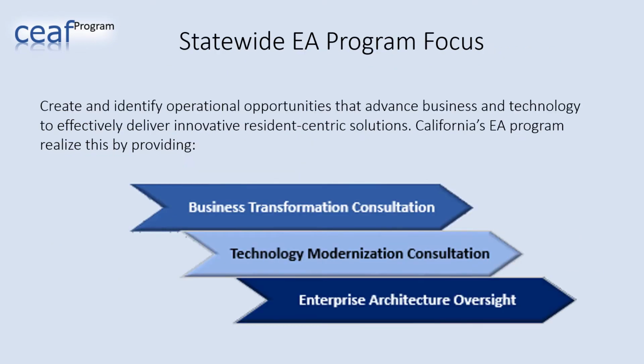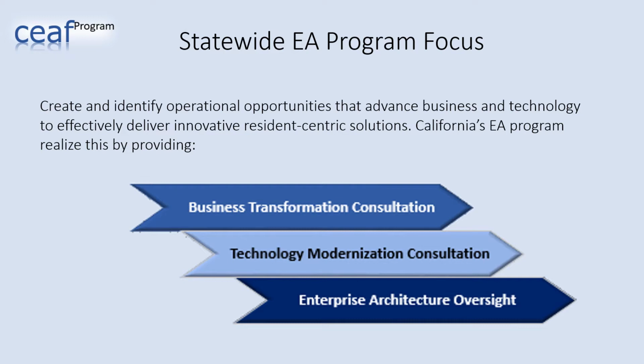The statewide EA program focuses on advancing business and technology to effectively deliver user-centric solutions to Californians through services and methods known within the EA community to be effective and long-lasting. The state EA program provides architectural services in the areas of business transformation and technology modernization consultation, as well as various degrees of enterprise architecture oversight, among other activities.